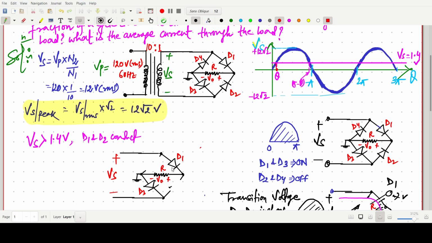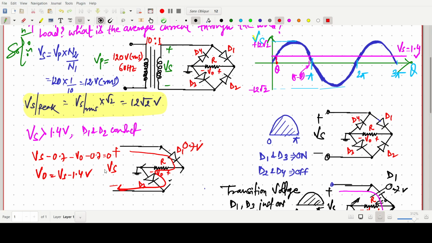So the output voltage we can find by applying KVL in this loop: Vs minus 0.7 minus Vo minus 0.7 equals 0. So Vo will be Vs minus 1.4 volt.